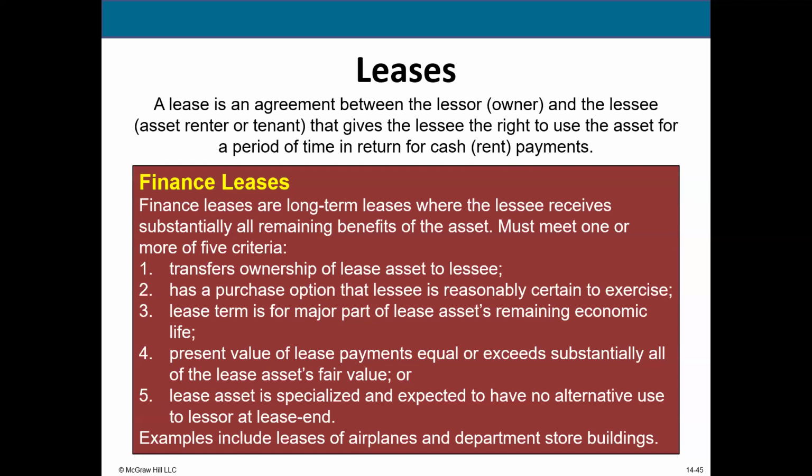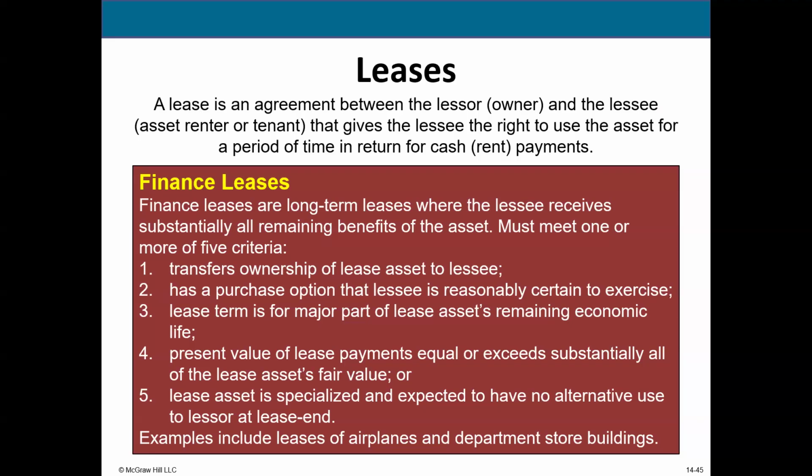So there's a couple of different ways that we need to look at this. A lease, as you know, is an agreement between the person that owns the asset and the person that is using the asset. For a classic example, if you live in an apartment or a house and you're renting, the owner of the property, the landlord in this case, is the lessor. That's the person who owns the asset, which is the house or the apartment.